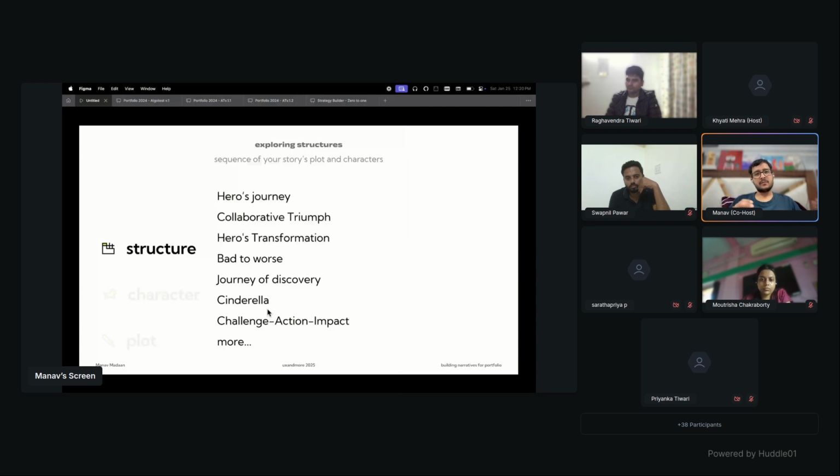But then somehow it's a journey of him being lalchi to him being very, donate बहुत करने लग गए, right? There are things called bad to worse, right? You started from a point which is bad, and then it ended at a point which is way worse, right? There is something called journey of discovery, where the entire structure of the story is how you are discovering things.